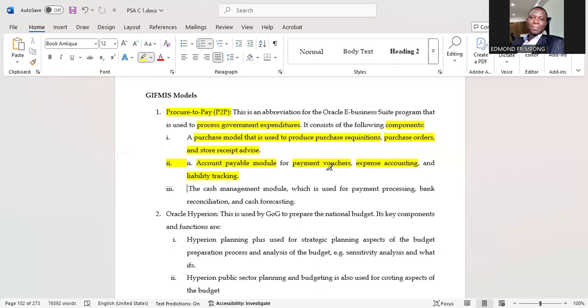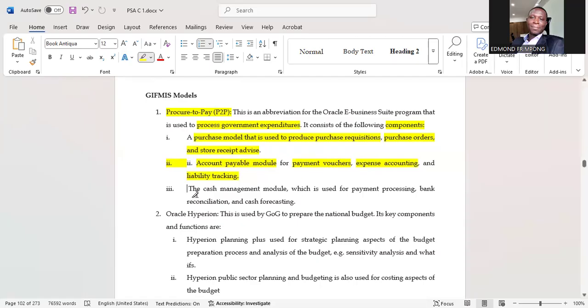That payment we are making, that expenditure, what is the classification? Are we paying for use of goods and services? If so, what is the subheading? Who are we paying? What date? Who approved the payment? Is it payment by check, bank? Who received the payment? Expense tracking.